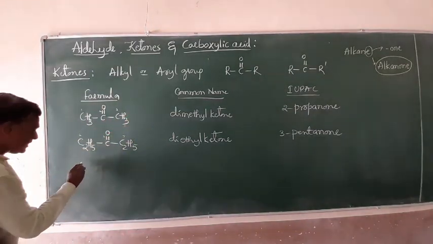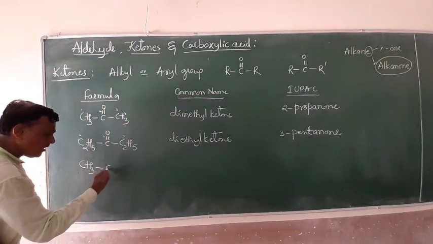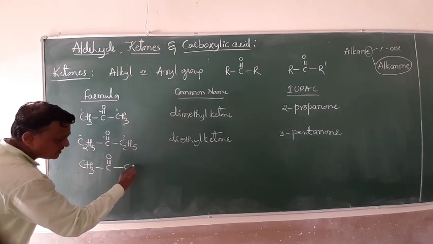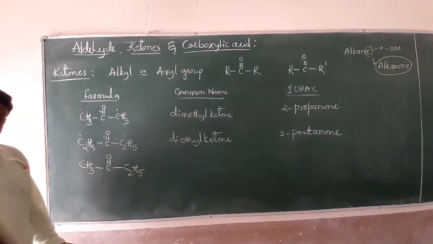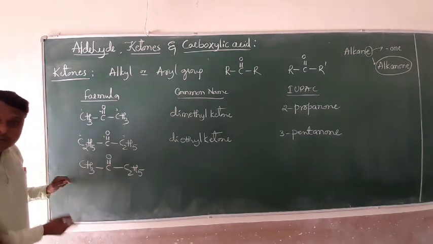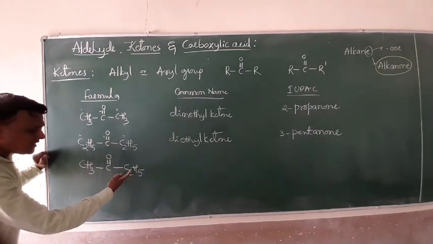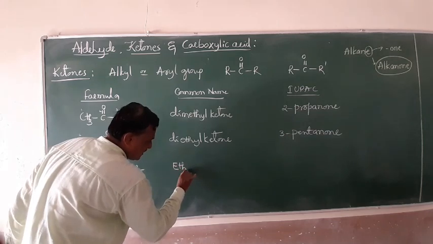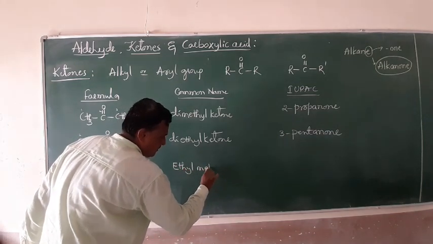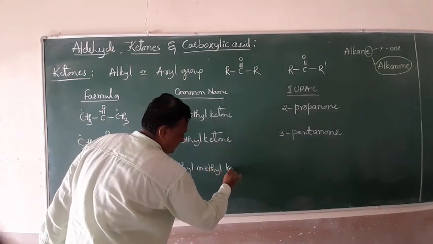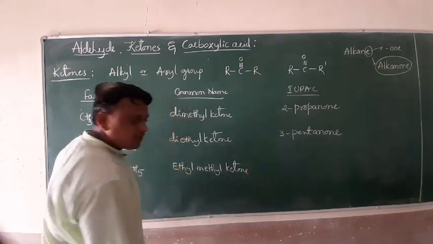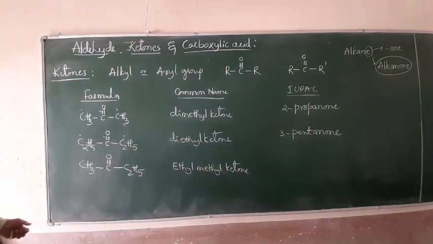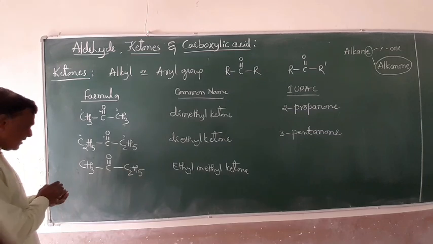Now another one, asymmetric, with C2H5 on one side. Based on alphabetical order, this is ethyl methyl ketone. The total number of carbons is 4.